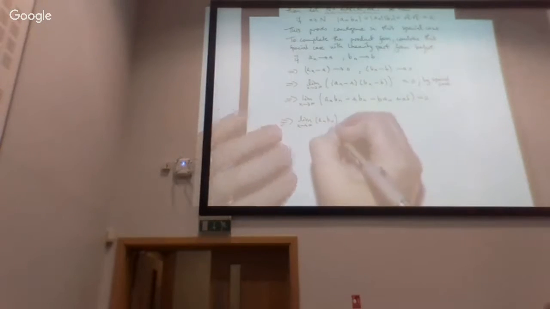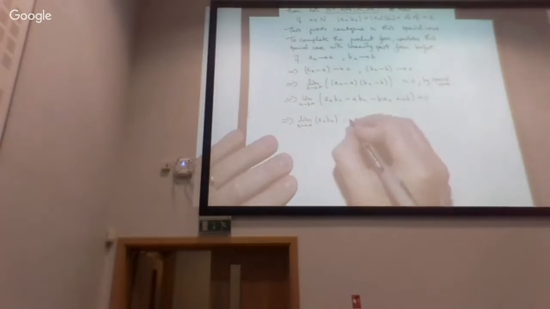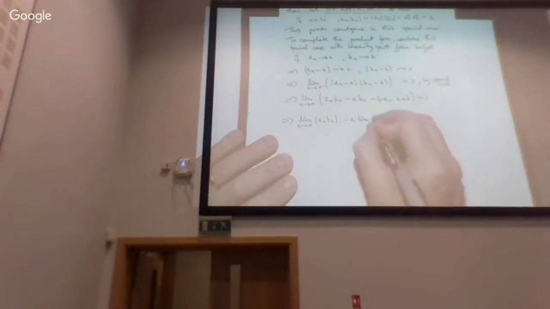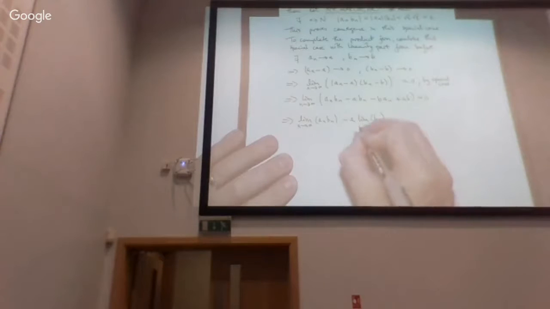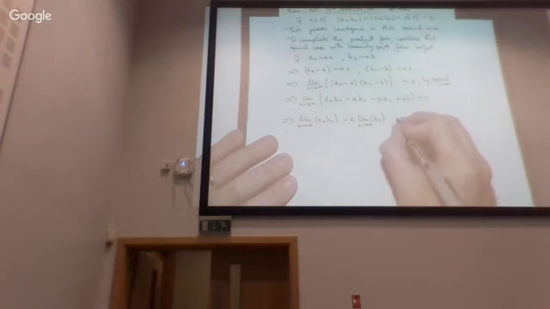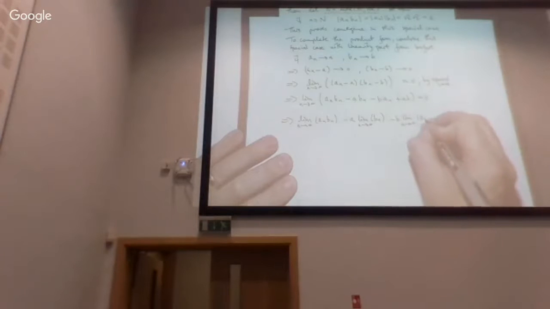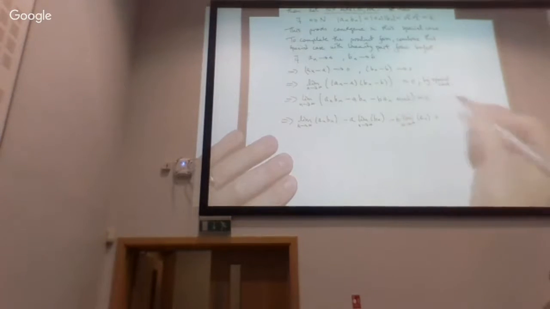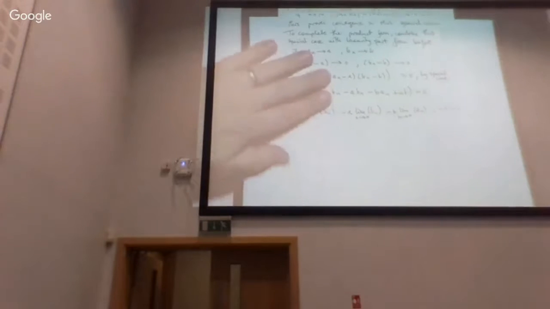So the limit of an bn, that's what I'm interested in, minus a times the limit of bn, minus b times the limit of an, plus, well, plus the limit of ab, but ab is just a constant. So its limit is ab, that's equal to 0.